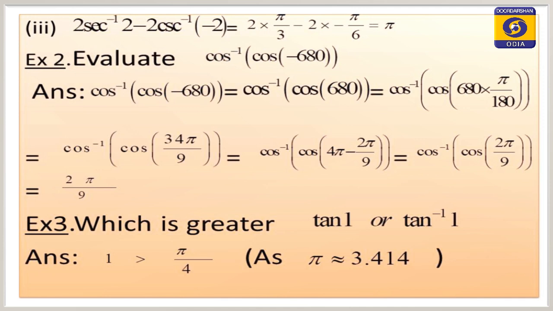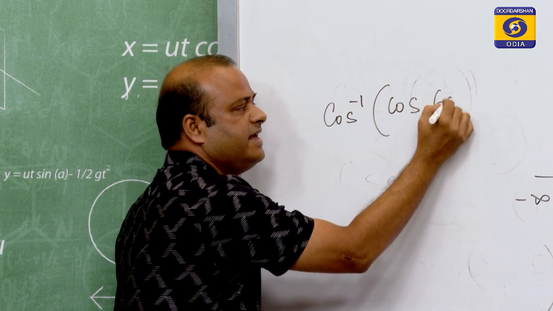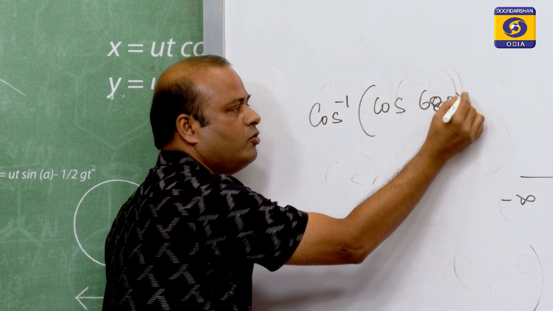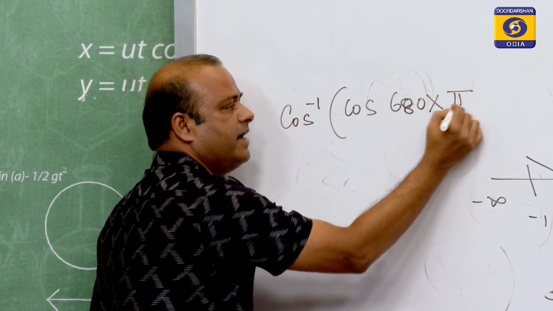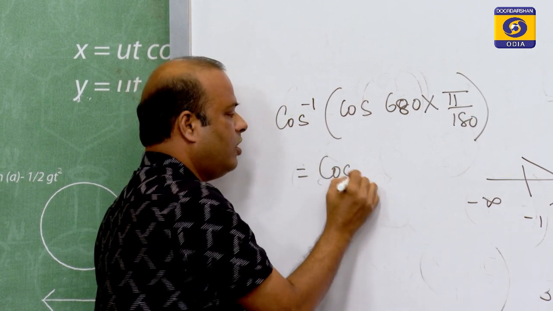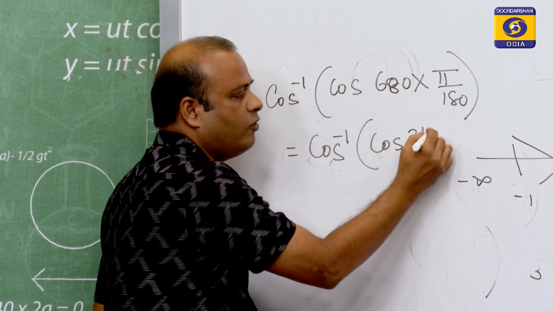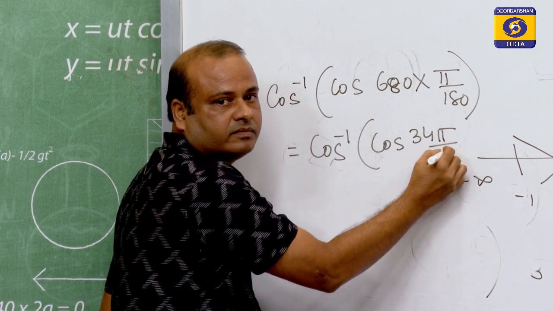So now cos inverse cos 680 into pi by 180. So now it is cos inverse cos 34 pi by 9.